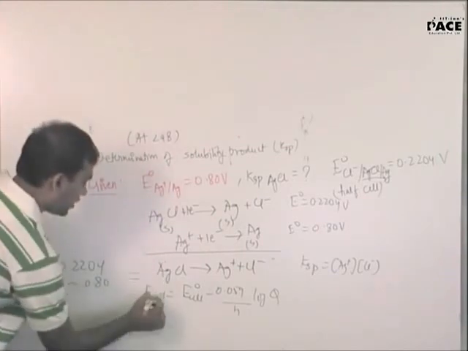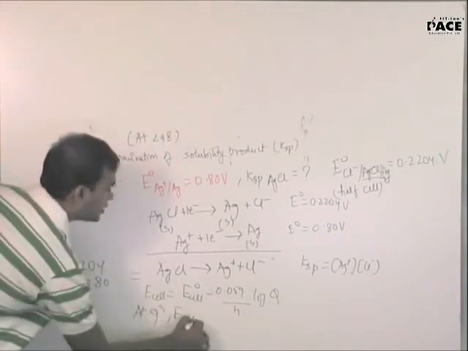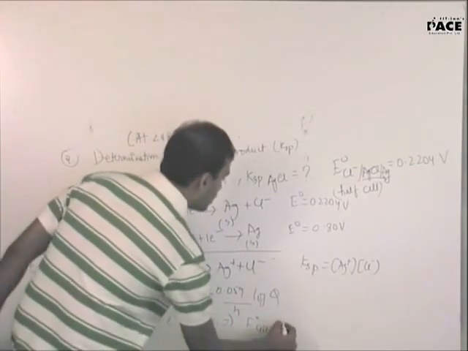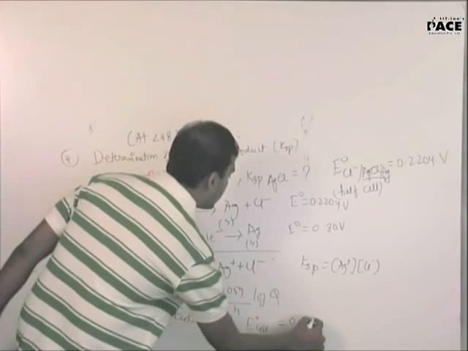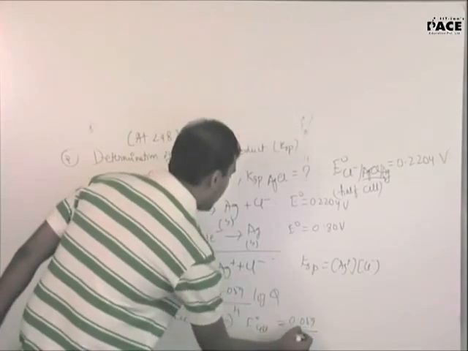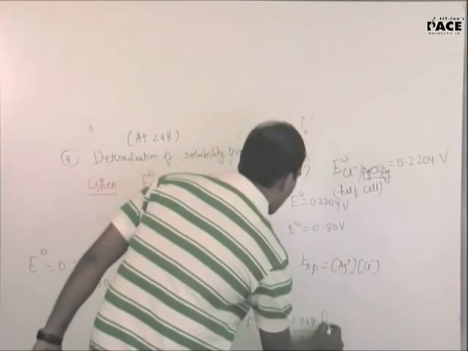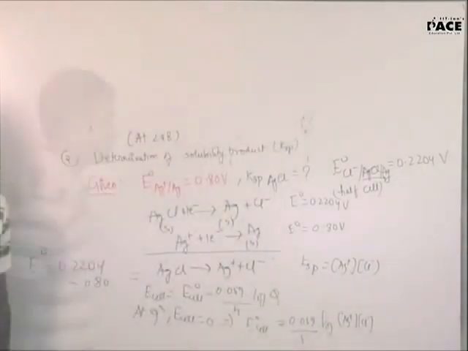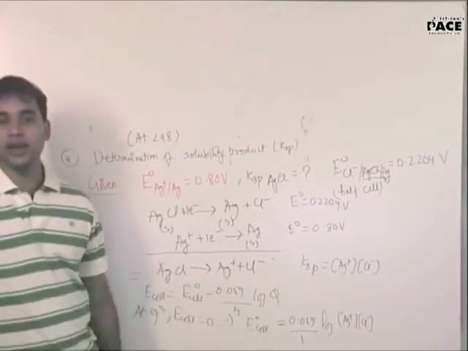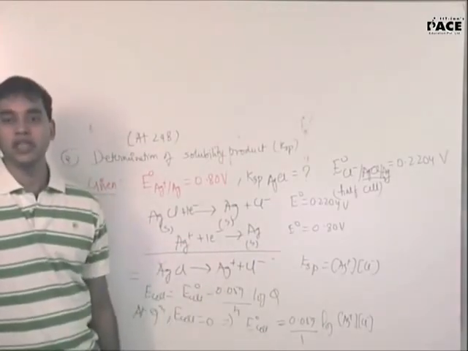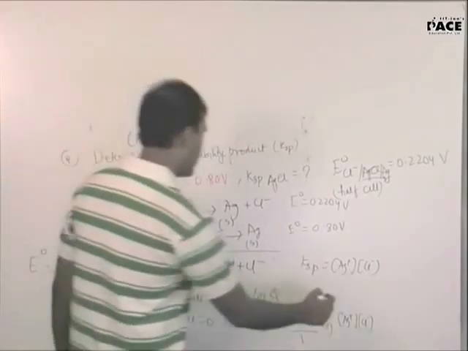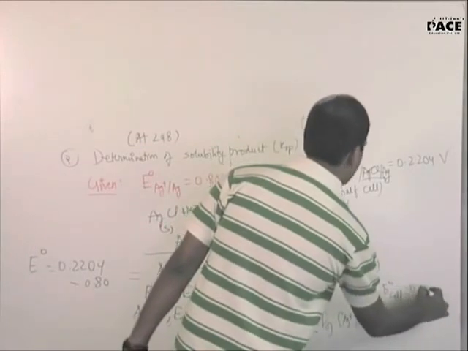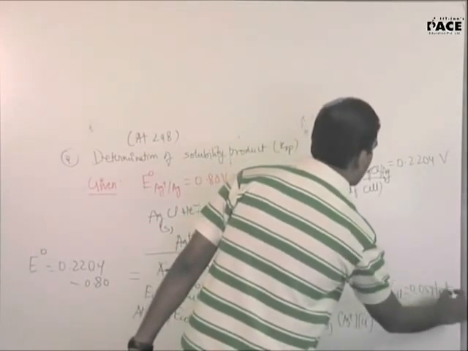So in that case, if I say at equilibrium, E cell equal to 0, or I can say E naught cell is equal to 0.059 by 1 log of Ag plus into Cl minus, right? And what is Ag plus into Cl minus equal to? KSP. So what you will get is E naught cell equal to 0.059 log of KSP.